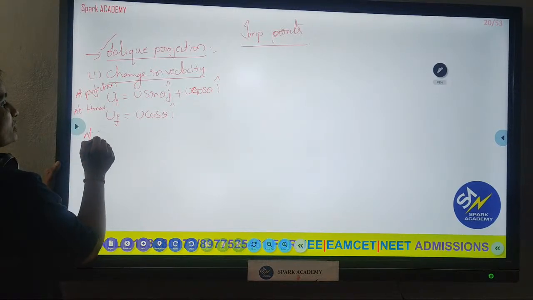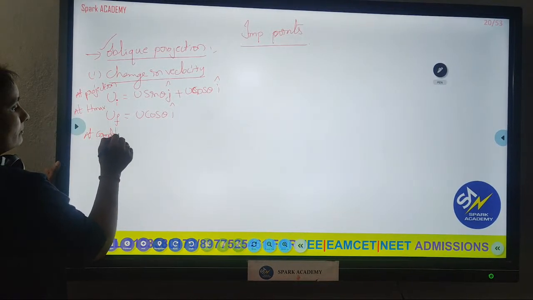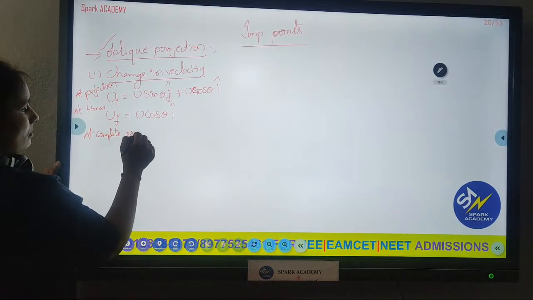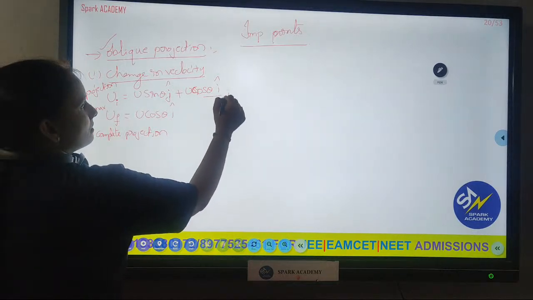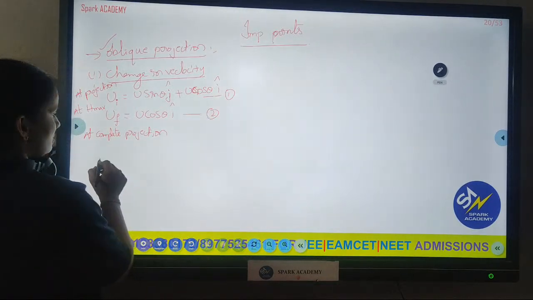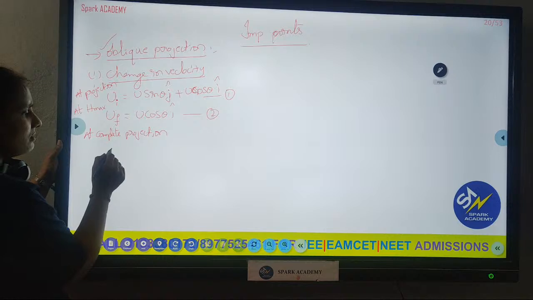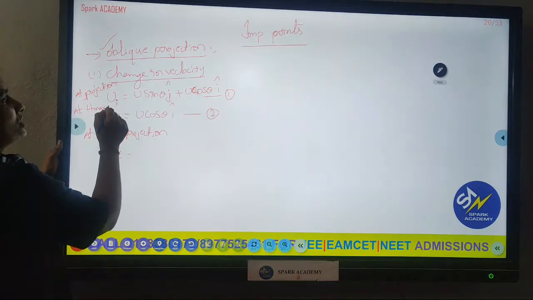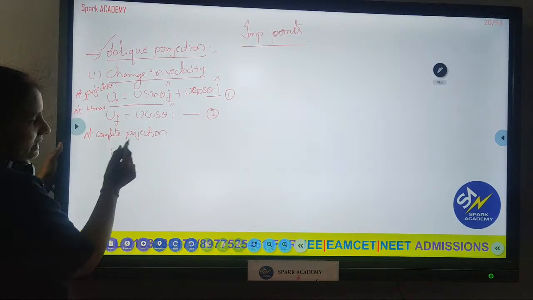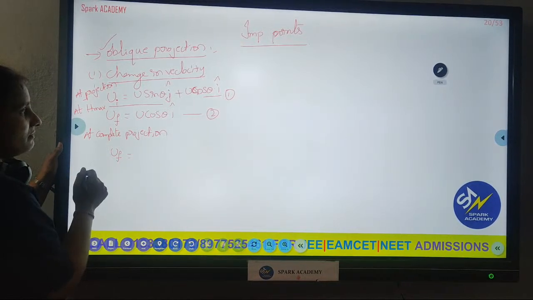And at complete projection, take these equations 1, and at complete projection we can write final velocity. Actually at the point of projection there is an initial. So at complete projection we take the final velocity.